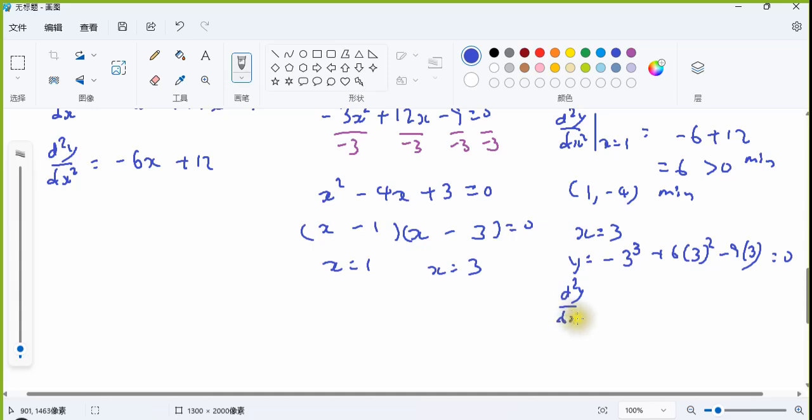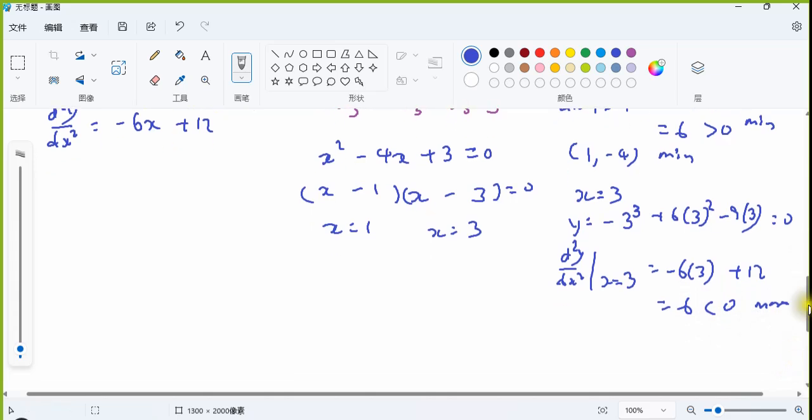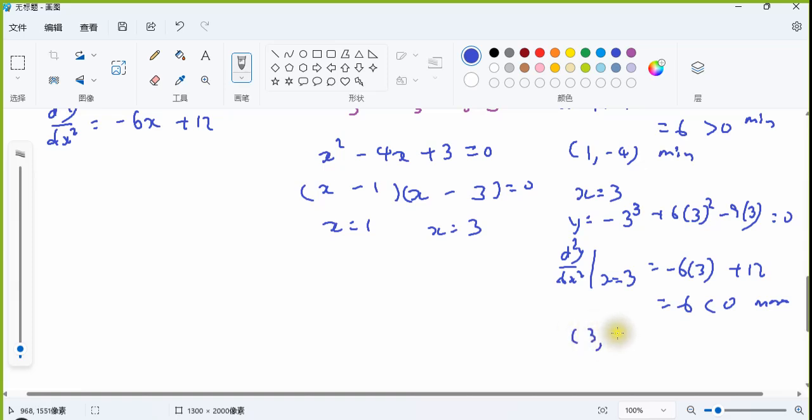The second derivative when x equal to 3 will be negative 6 times 3 plus 12. Then it is negative 6, less than 0. Then it is the maximum point. So we have (3, 0) is the maximum point. So altogether, (1, negative 4) is the minimum, and (3, 0) is the maximum.